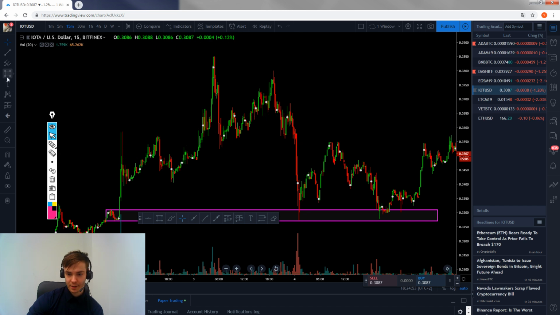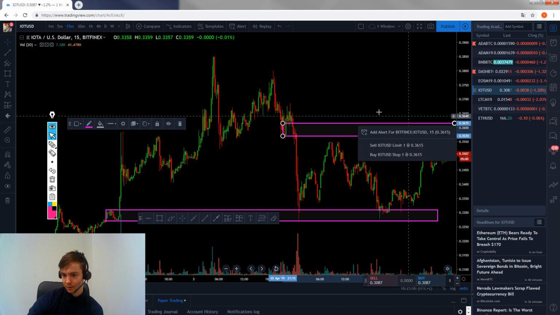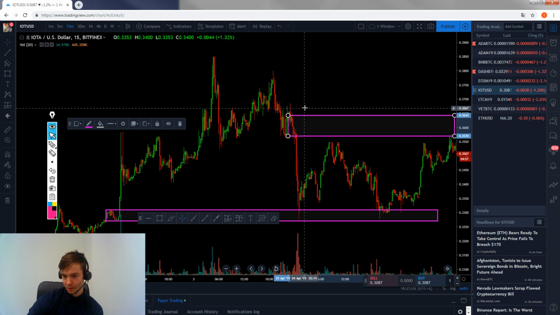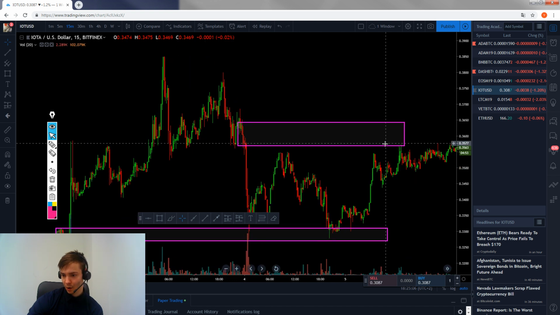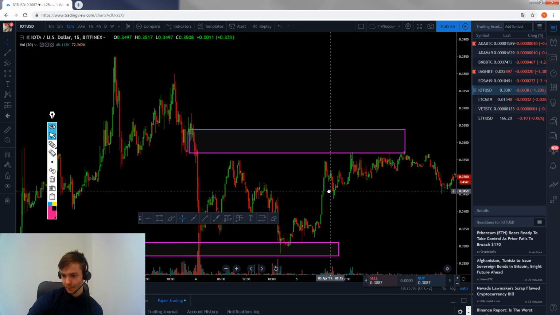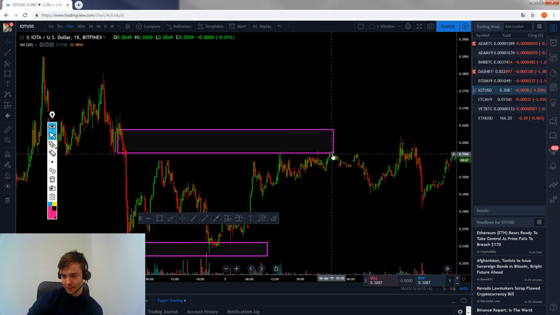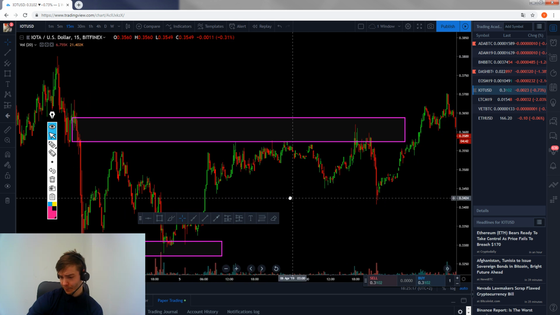So let's see what's next. We have a nice consolidation here, so the market is going to react on that very much. We have strong volume here, so we'll see how the market will react. You can see still that it's a really nice short area.